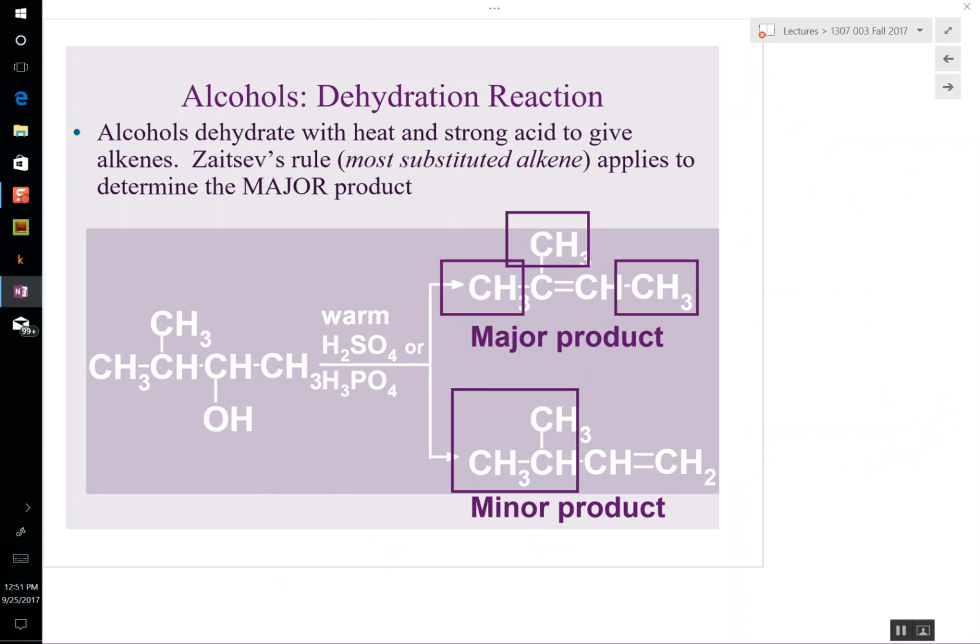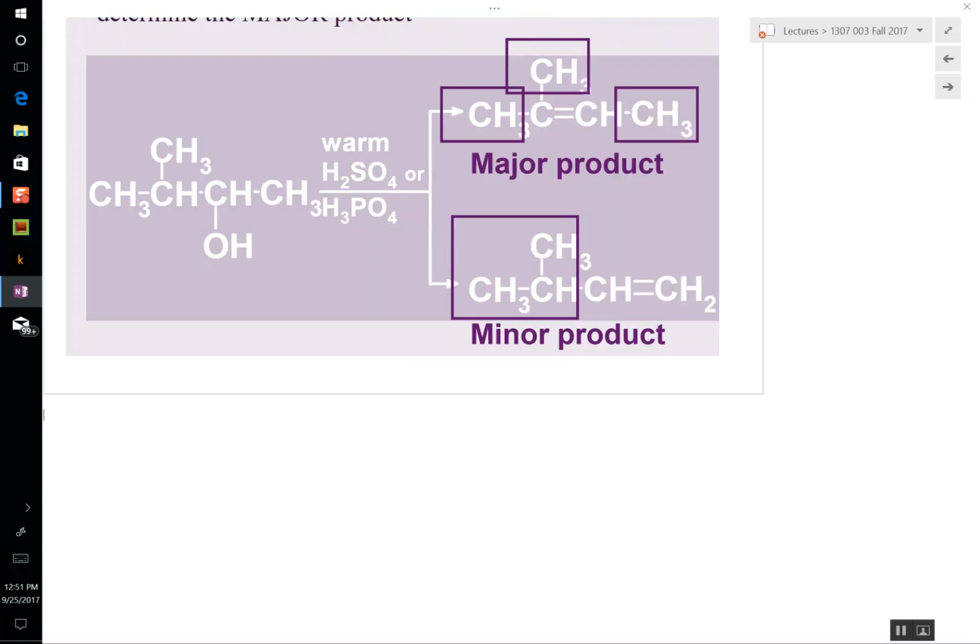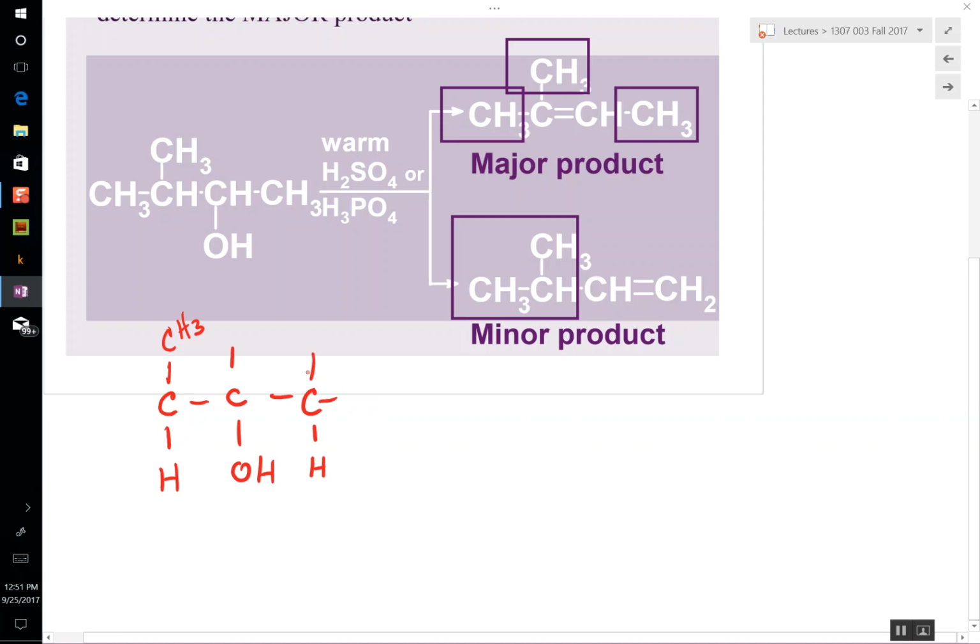And what are you going to be looking for? The more substituted alkene. So if you look at this right here, what does this look like? If I was given a test and was asked to do this, I probably would come down here and redraw this, something like this, so that I could really focus in right here.